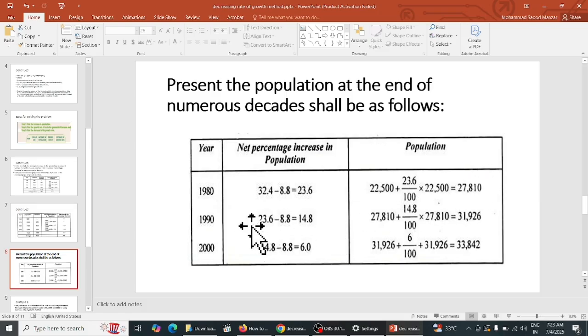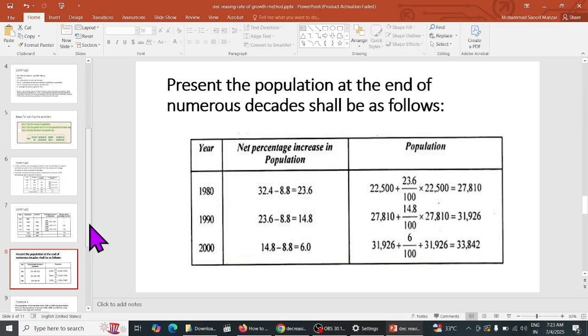And again, if you see here, it's the same concept, only the value is changing, which is the net percentage increase. Okay, and similarly here. If you see here, the values are increasing.